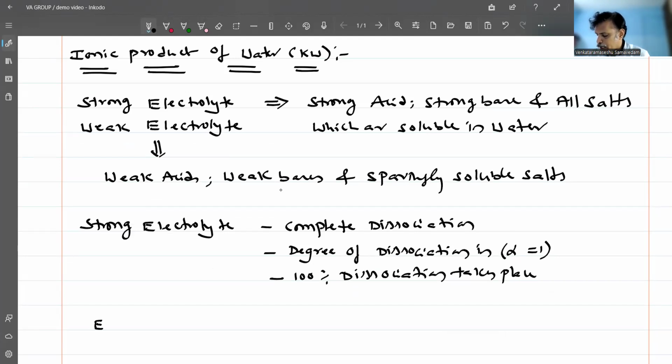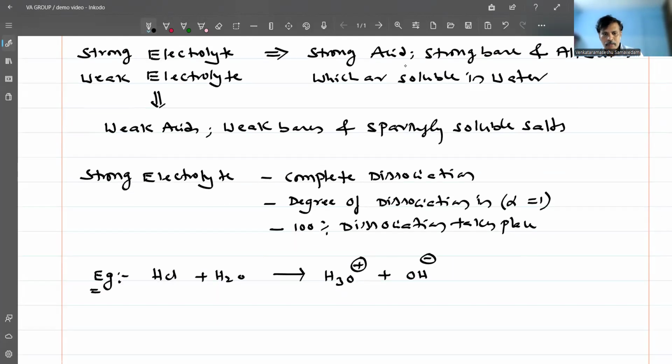If I take an example, HCl, when I drop this HCl into water, all the HCl molecules are converted into H plus and Cl minus ions. That means there exists only an irreversible process.